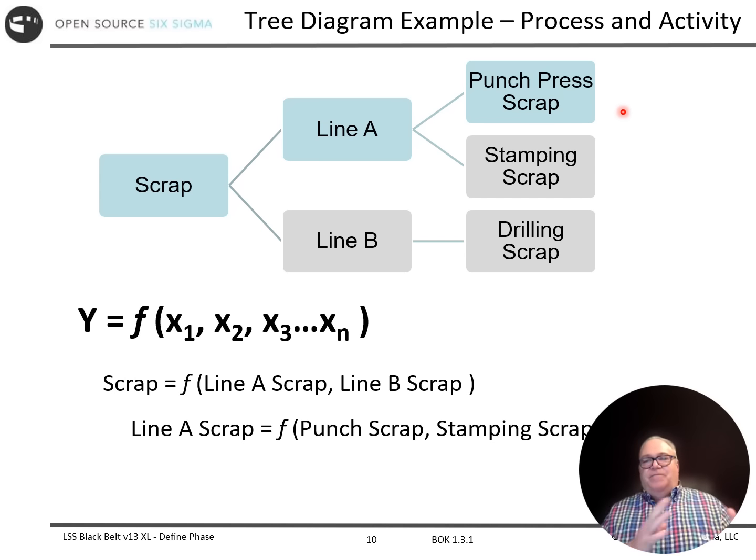And so now we've gone from a material cost, very high level, down to, I think I can make an impact on the scrap that's generated at the punch press. You can see how much more clearly defined and more actionable that project is going to be than, I want to take away material costs. So this is what we're talking about in a tree diagram, how we focus our project down to an actionable level.